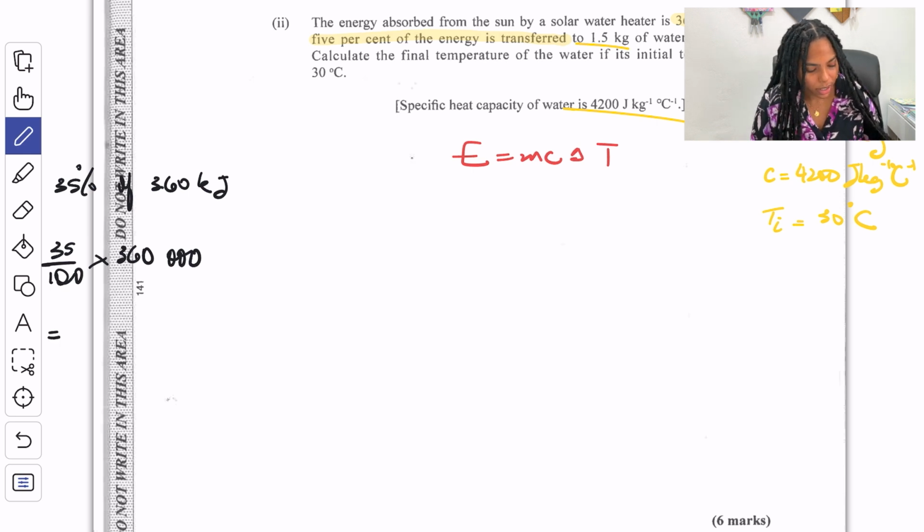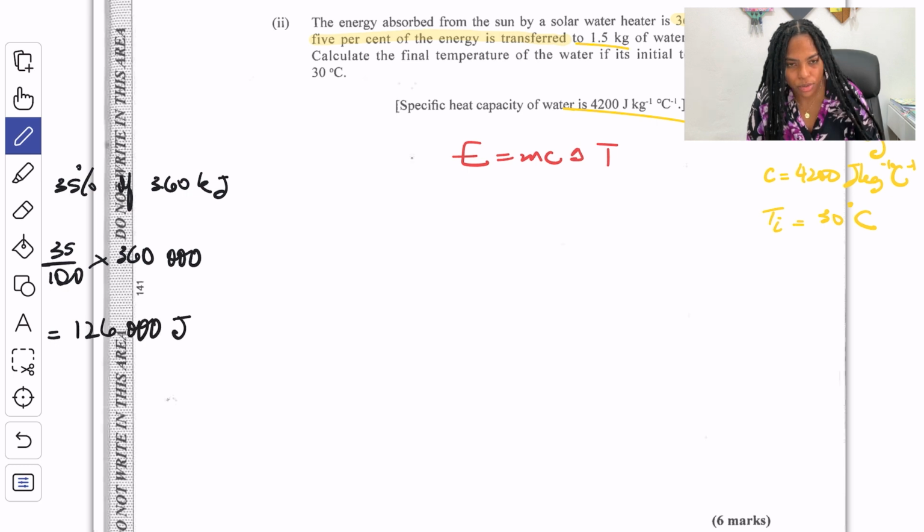So 35% of 360,000 gives me 126,000 joules. Now that is my E. So I have 126,000 joules being transferred to the water.